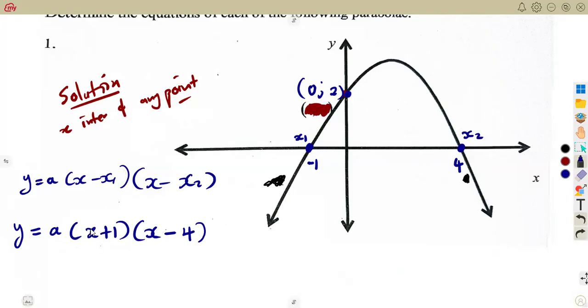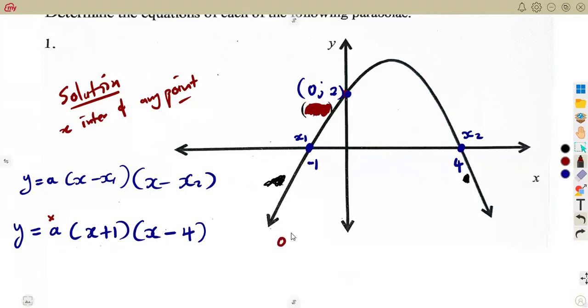But as we can see, there's still an unknown value, which is a. We do not know that one. So how are we going to determine the value of a? By substituting any point which is given on the graph. There is a point which we are given as (0, 2).